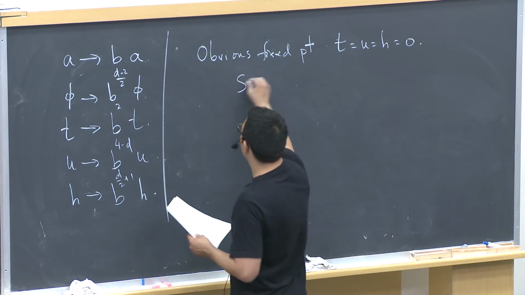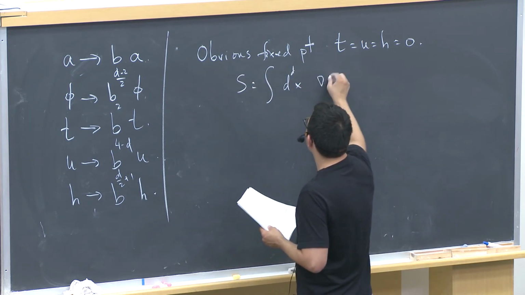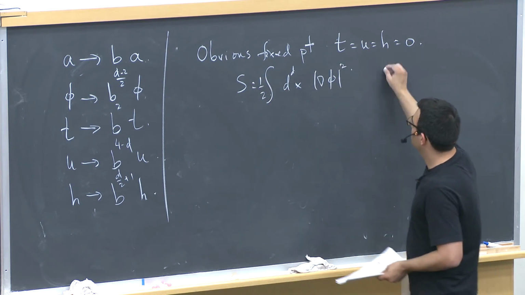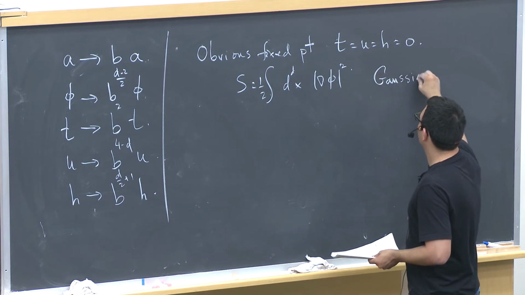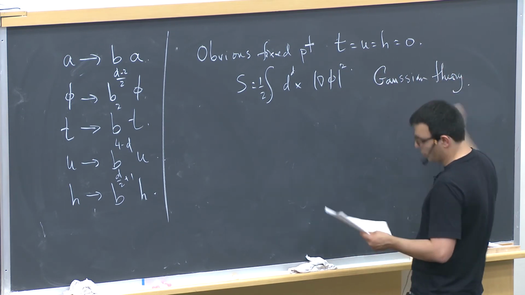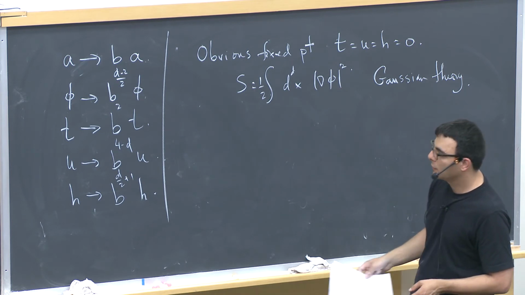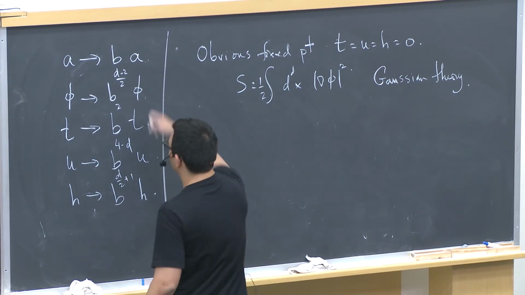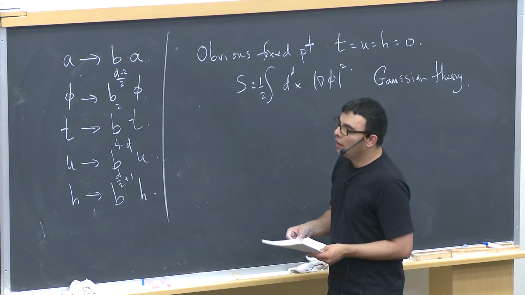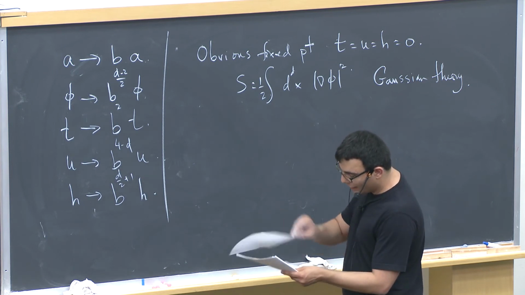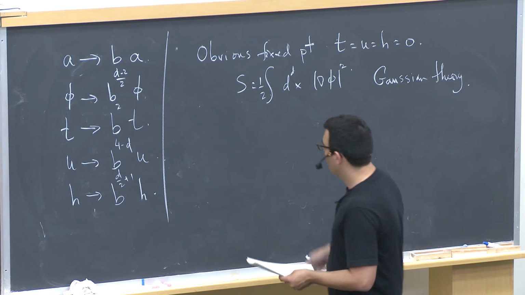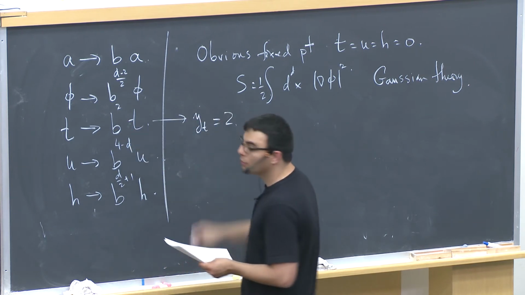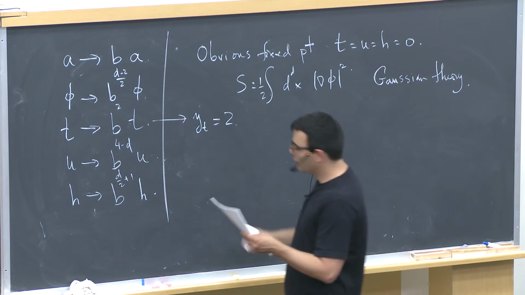In that case, the action is just gradient of phi squared, and this is the Gaussian theory. It's a free theory. What are the properties of this theory? We can just get them from these scalings. At this fixed point, from this equation here, we get that yt is equal to 2. That means this coupling is relevant.